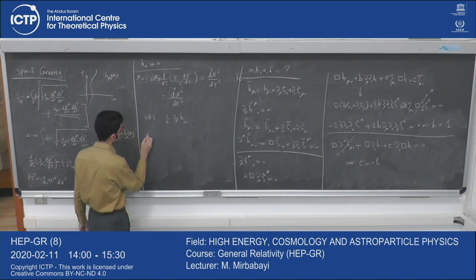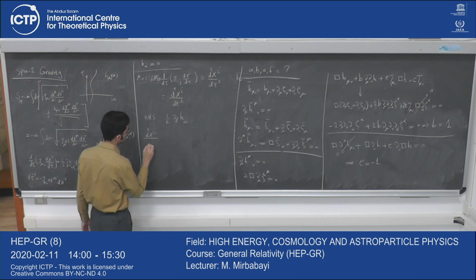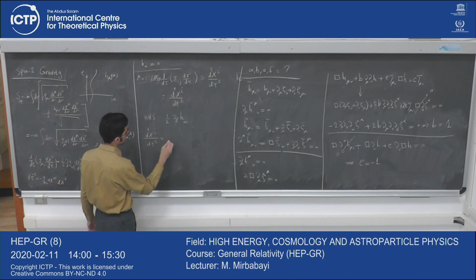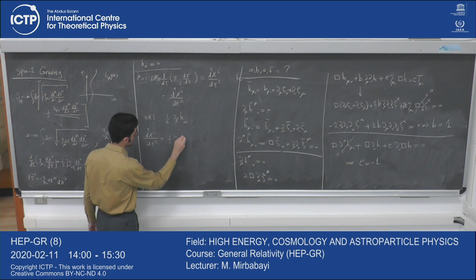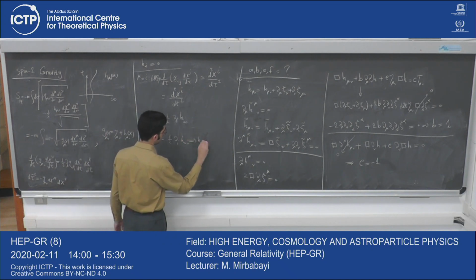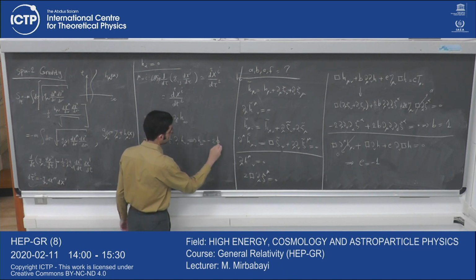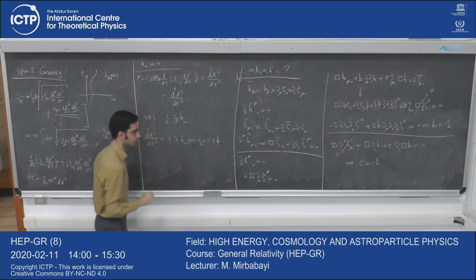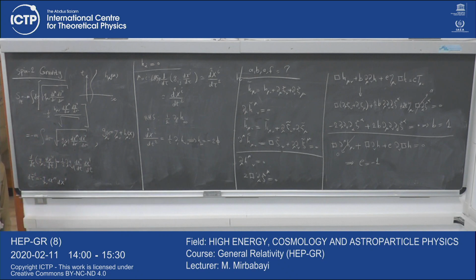So here is the equation that we get: d²x^i/dt² is equal to 1/2 ∂_i of h_00, which tells us that h_00 has to be identified with minus twice φ Newtonian.